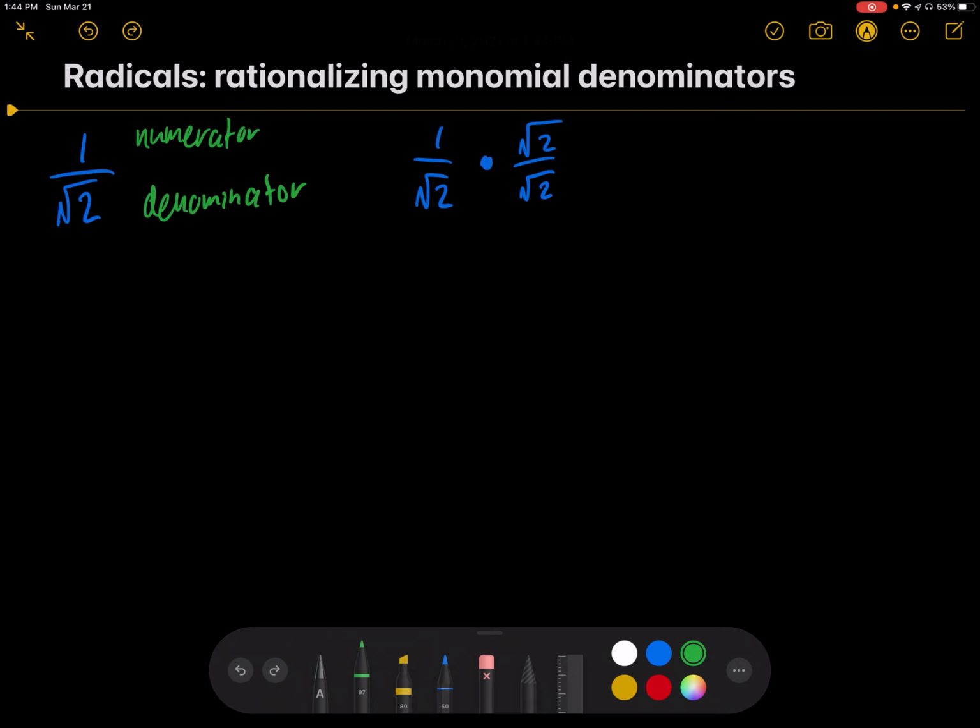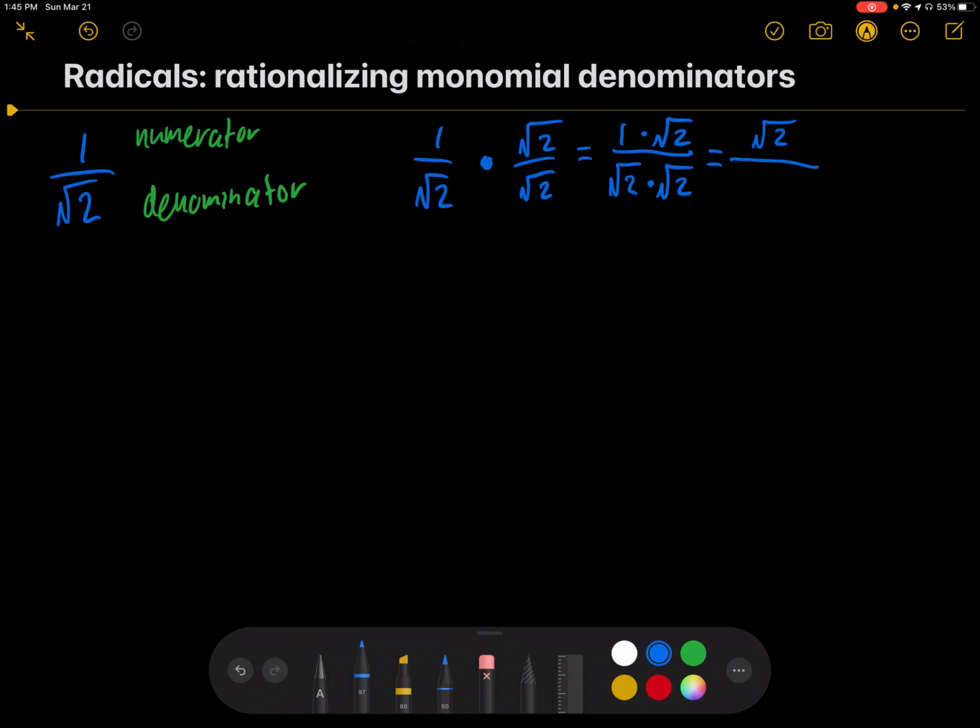The reason I did that, you'll see, is when we multiply it through, on the bottom you're going to have square root of 2 times the square root of 2, and on the top, you're going to just have 1 times the square root of 2. And obviously 1 times the square root of 2 is just the square root of 2.